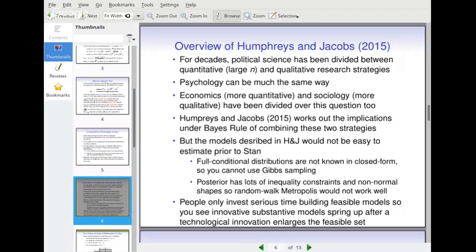So what you see is a lot of innovative models and new theories coming up when there's some technological innovation that makes possible what wasn't possible before. And Stan, I think, definitely deserves a lot of credit for being that innovation in this case.